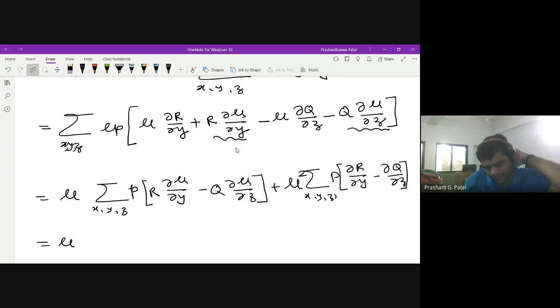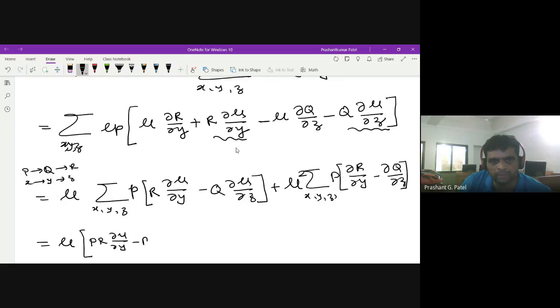Now this μ is as it is. Let us expand this sum. When we expand it, we have to move P to Q, Q to R, and x to y, y to z, and z to x. So if I expand this summation, the first one is PR ∂μ/∂y minus PQ ∂μ/∂z.